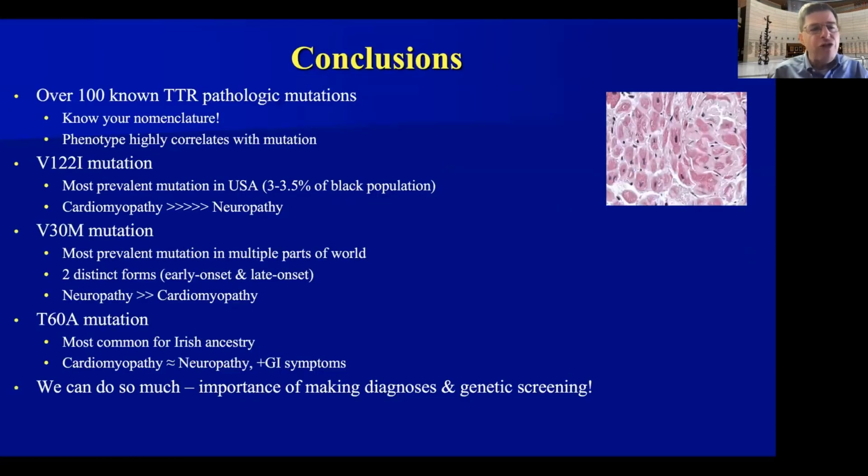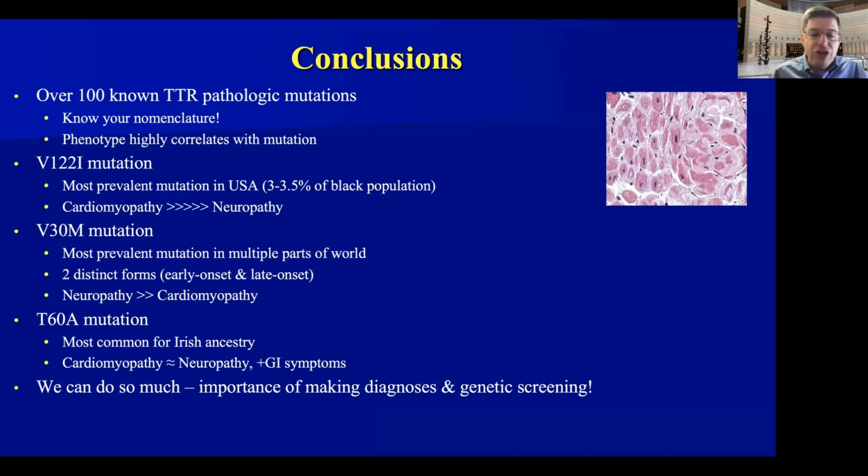So in conclusions, there's over 100 different known transthyretin pathologic mutations. It's really important to understand the nomenclature, and again, the phenotype really correlates with the mutation. For V122I, it's the most prevalent mutation in the United States with predominantly cardiomyopathy. For V30M mutation, it's the most prevalent mutation in many parts of the world. 2 different forms, but overall neuropathy always is an important part of this phenotype.